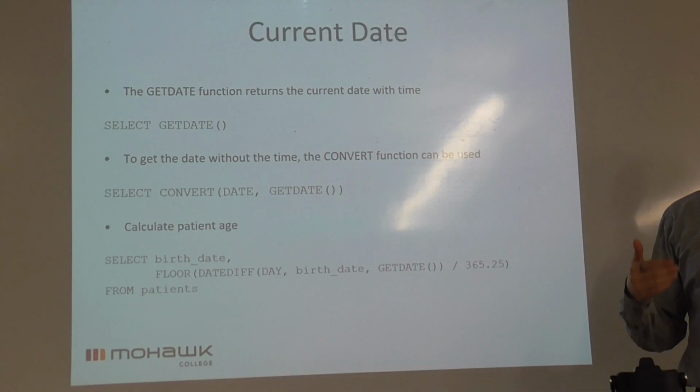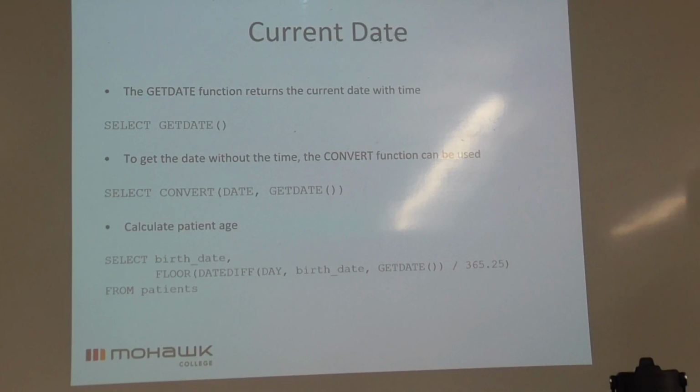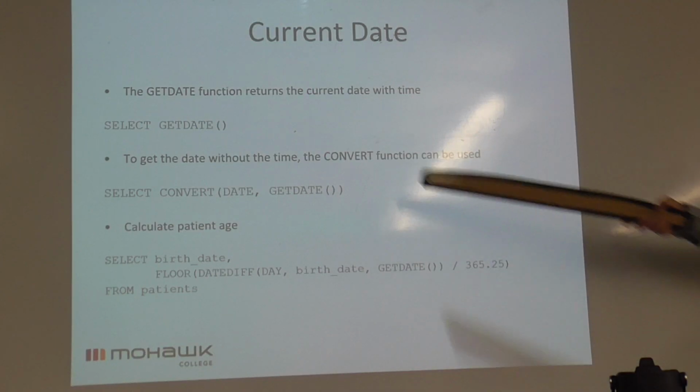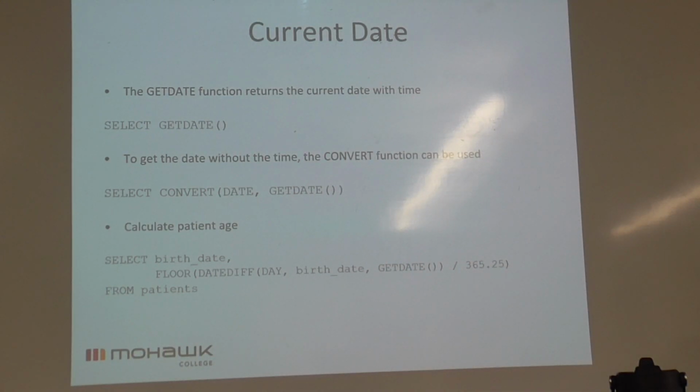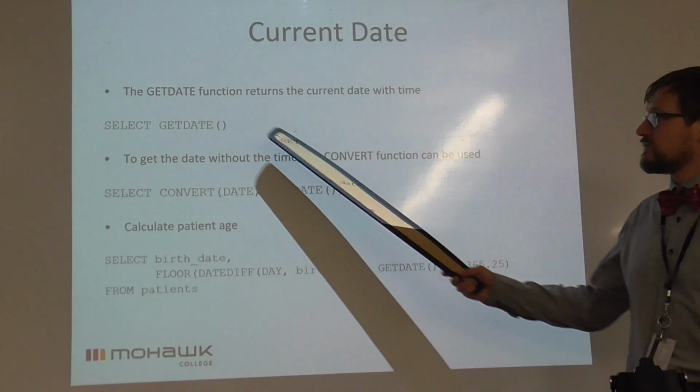When you create a record, it's extremely useful to have recorded when that record was created. This is how you do that, right? To get the date without the time, the convert function can be used.